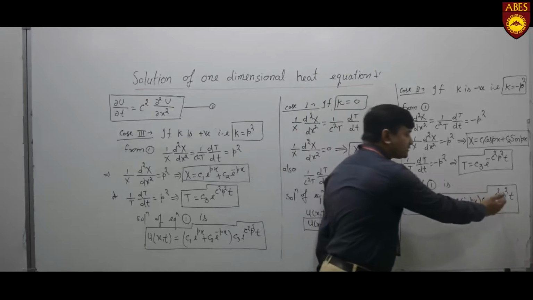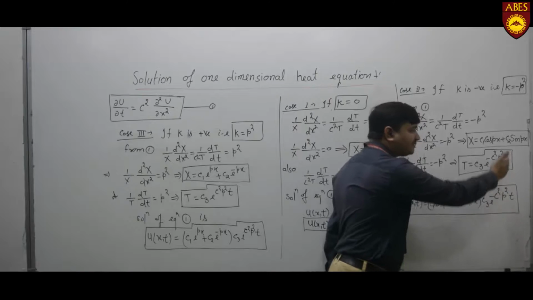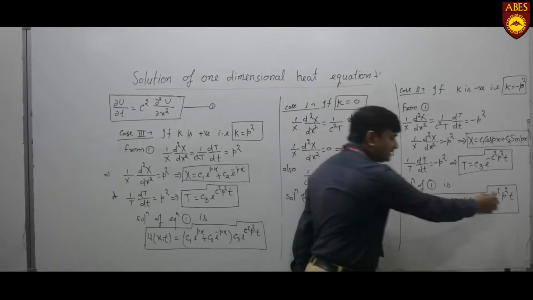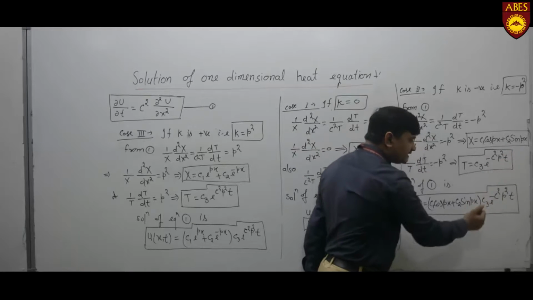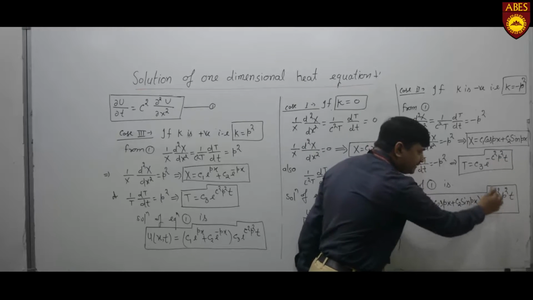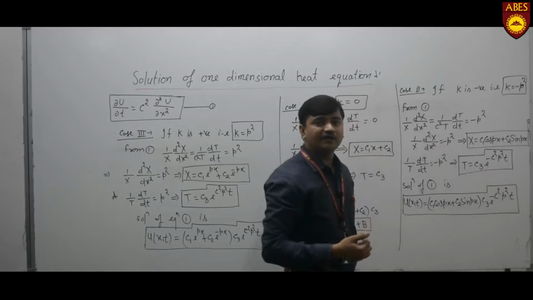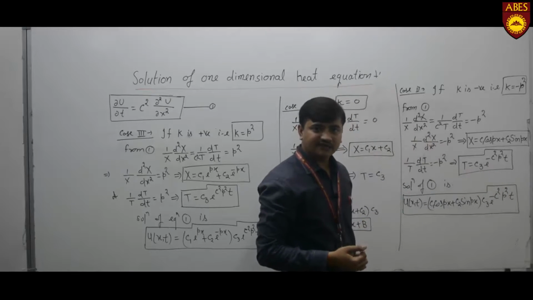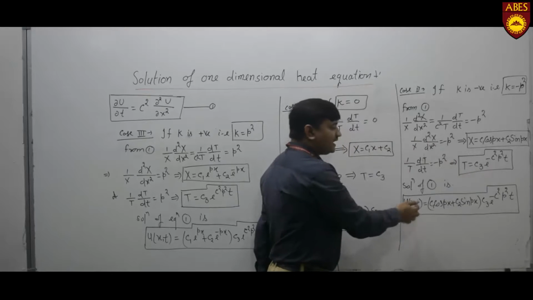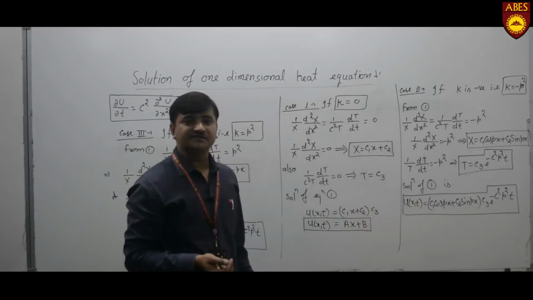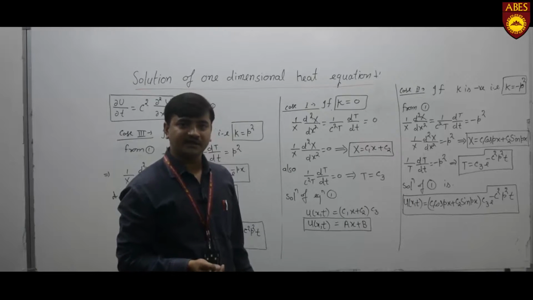The negative powers will be increasing and e to the power negative infinity approaches 0. That is, if time increases to infinity, the expression e to the power minus c square p square t will decrease and approach 0, and hence it may be taken as the solution, as it satisfies the physical behavior of the one-dimensional heat equation.